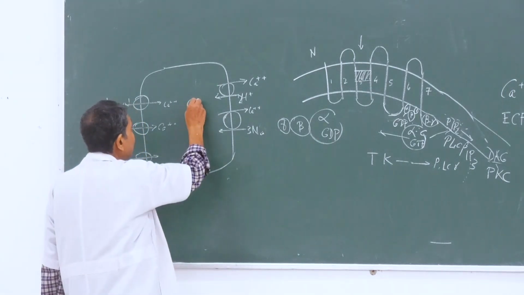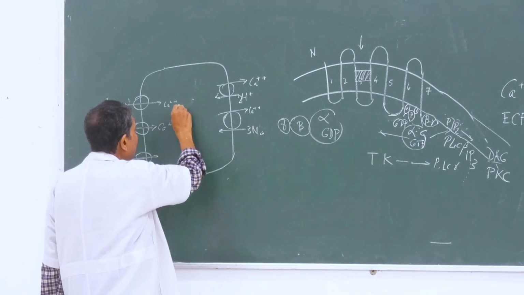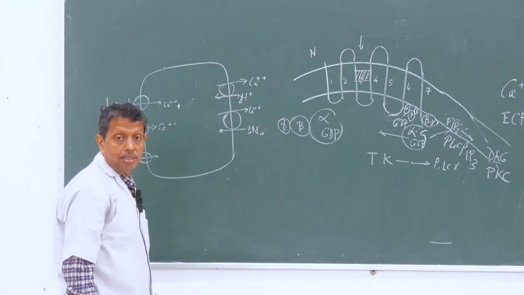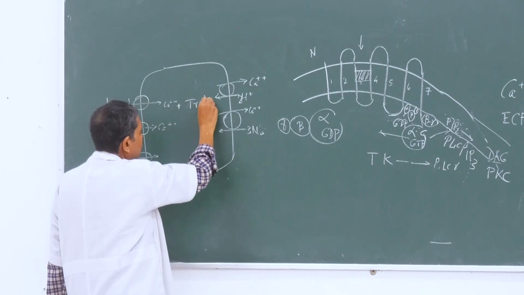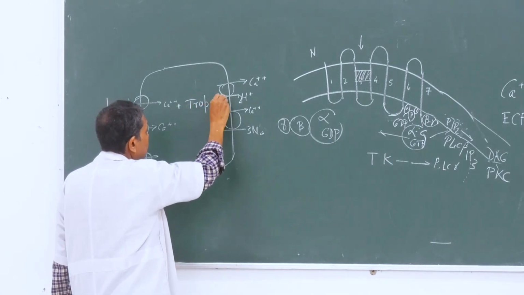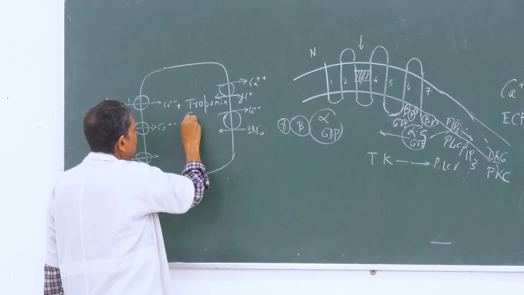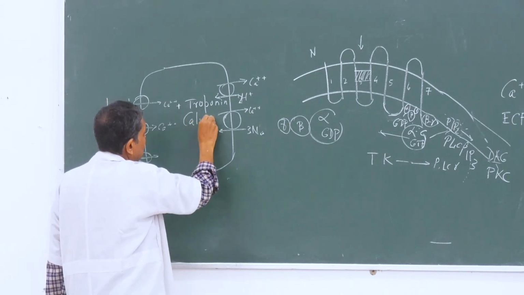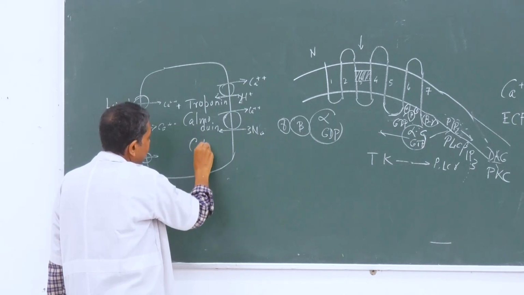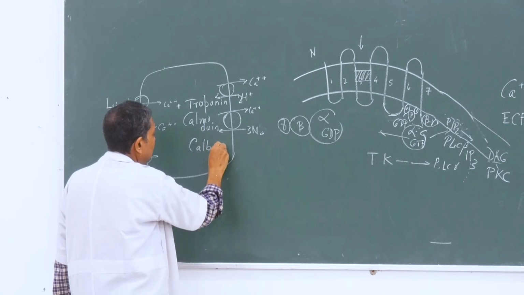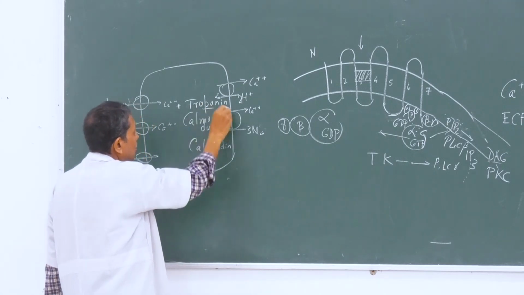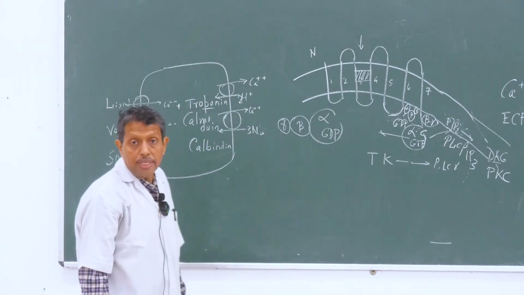And when calcium enters, it acts through different types of binding proteins in different cells. It may be troponin, calmodulin, or troponin.